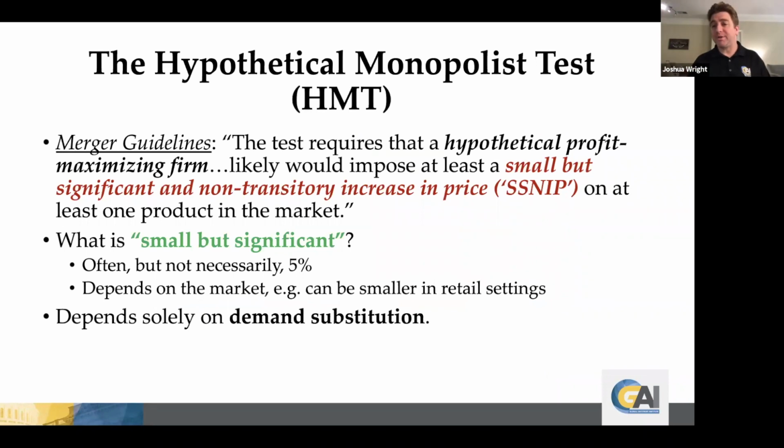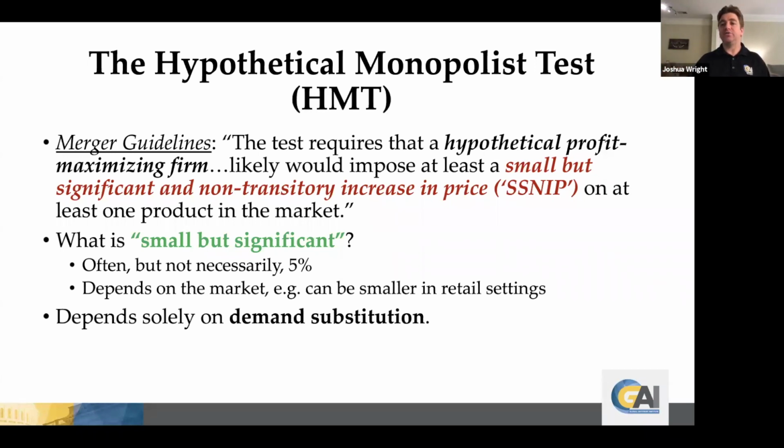So a couple of things. I just fell into this a couple of minutes ago: I automatically equated the SNIP to a 5% price increase. You'll hear antitrust people do that quite a bit. Oftentimes we use 5% as a starting point. In some markets, like retail settings, where margins might be 1 or 2%, a 5% increase is huge, so we might use a smaller number for a SNIP. These are not written on stone tablets.